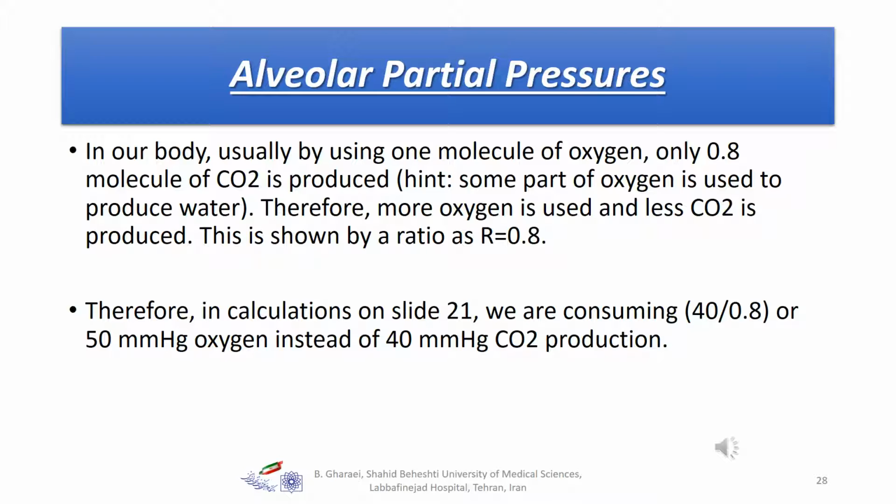Therefore, in our calculations on slide 21, we are consuming 40 over 0.8 or 50 millimeters of mercury of oxygen instead of producing 40 millimeters of carbon dioxide. It is a bit difficult to understand, but I'm sure you can understand it.